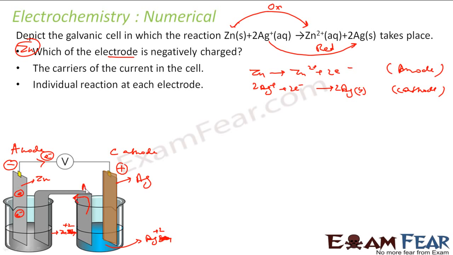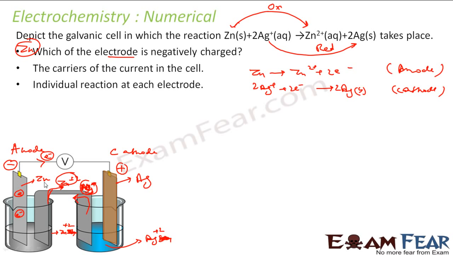Sorry, it will be Zn2+ that will go, because here we have more Zn2+ and here Ag+ is used up. Let's suppose nitrate ion, you have the NO3- ion, AgNO3 let's suppose. So these ions will move in the cell.